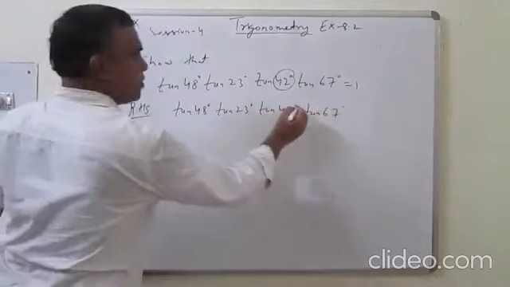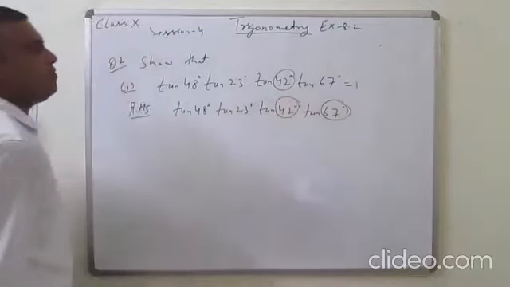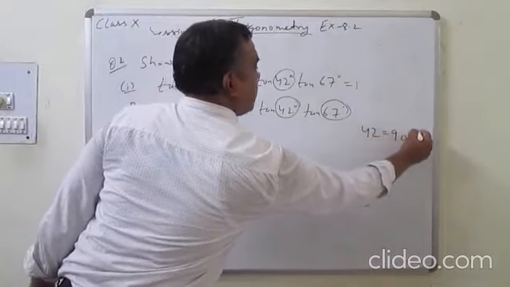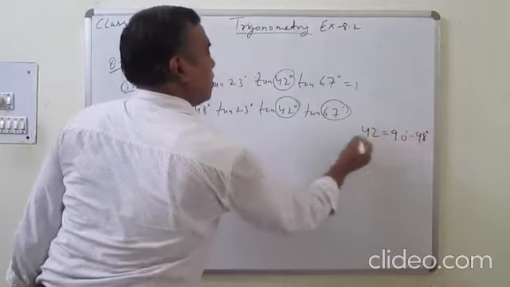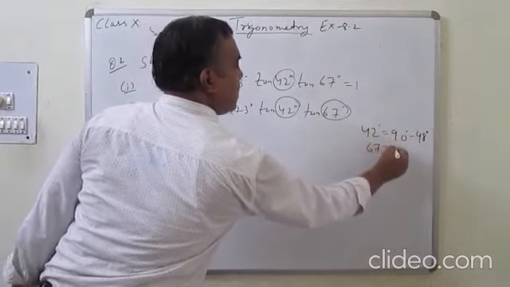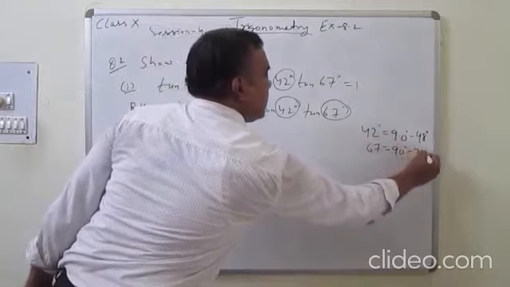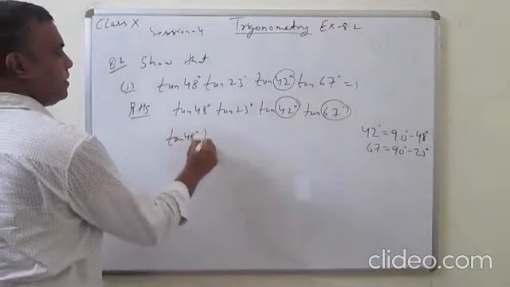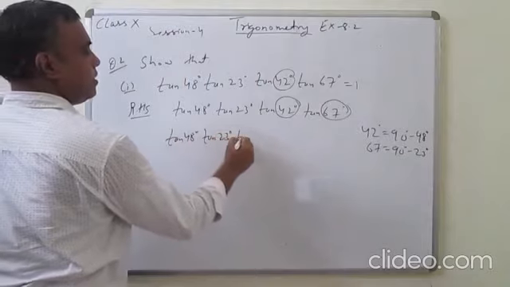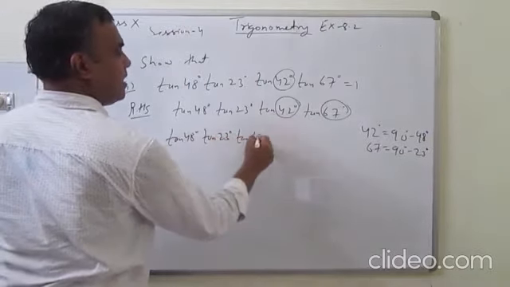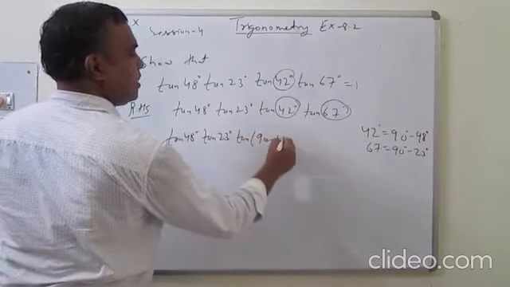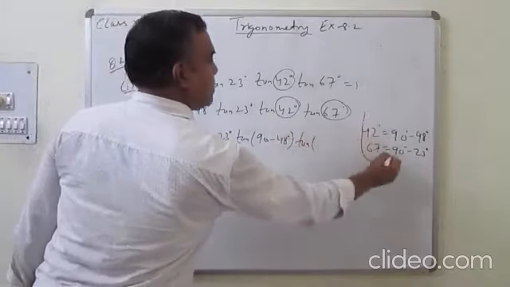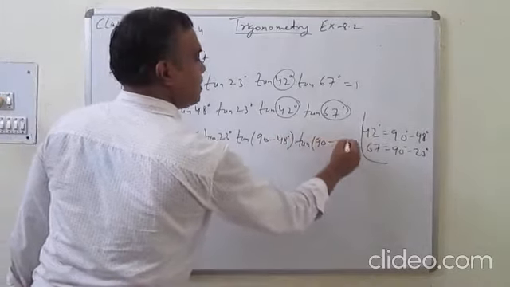Now I change 42 and 67 in terms of 90. 42 you can write as 90 minus 48 degree, and 67 you can write as 90 minus 23 degree. So change it: tan 48, tan 23, and instead of tan 42 write tan (90 minus 48), and instead of tan 67 write tan (90 minus 23).